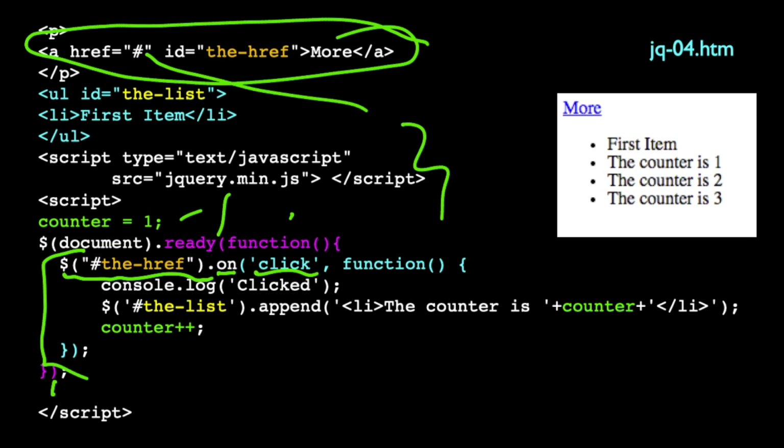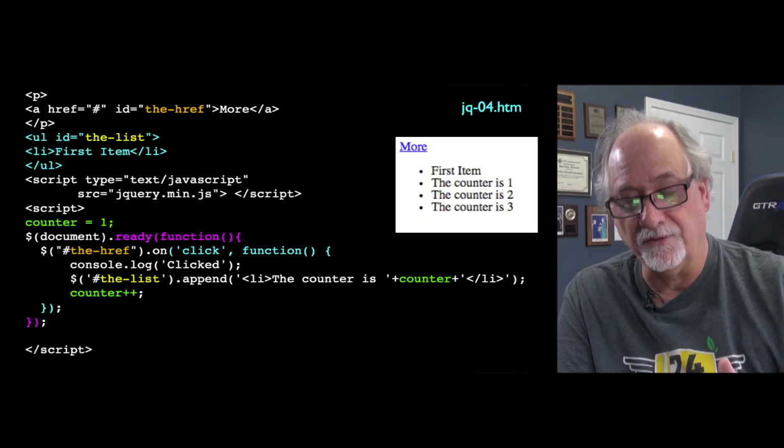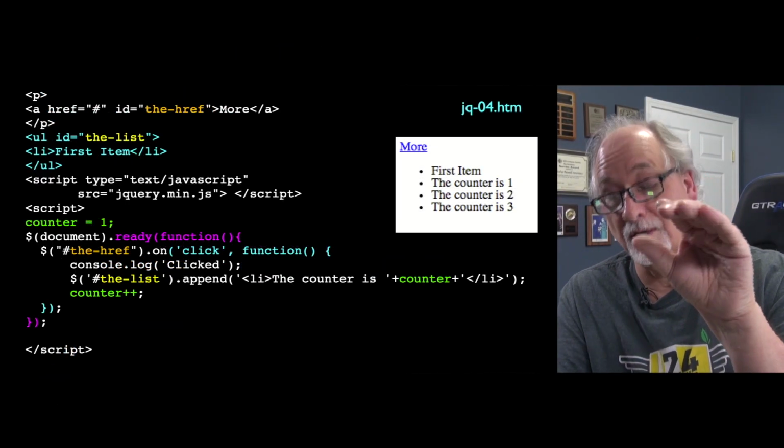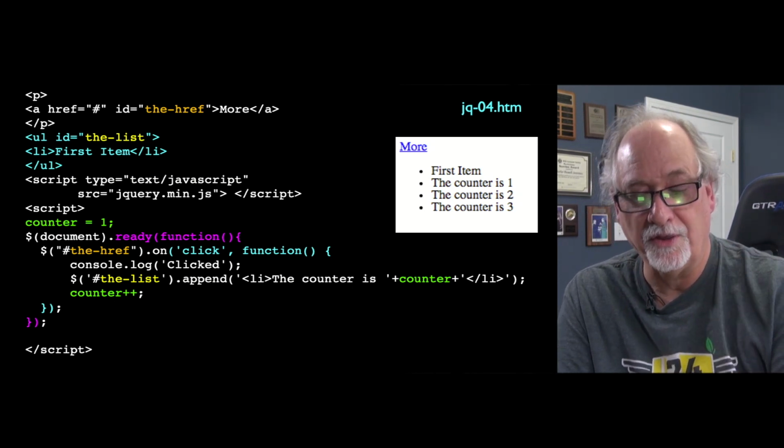So now we have first class functions, again an anonymous function, right? And that's the code that's going to run when we click on more. So we have 3 lines of code that are going to run when we click on more. And when the page shows up, we see more, we see first item, and then once the page is ready, it registers an on click with the more.